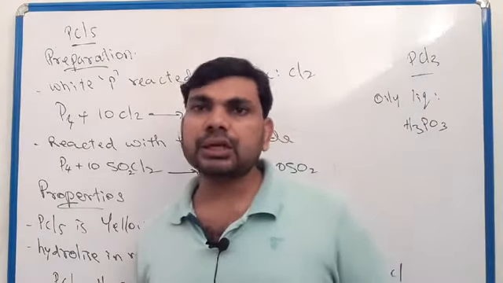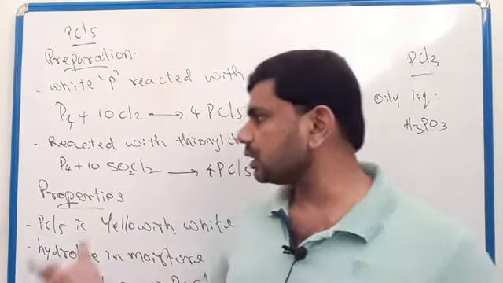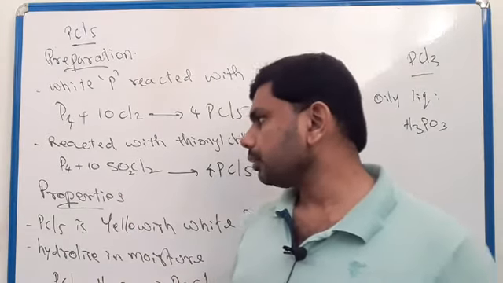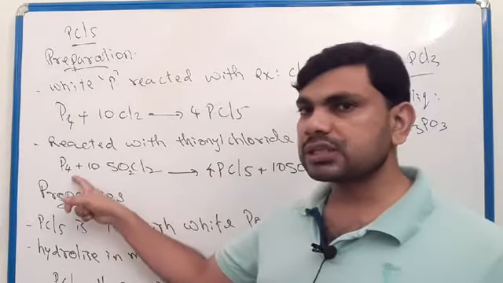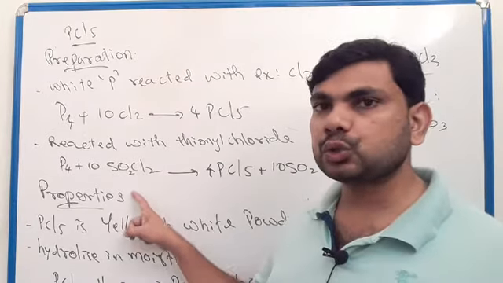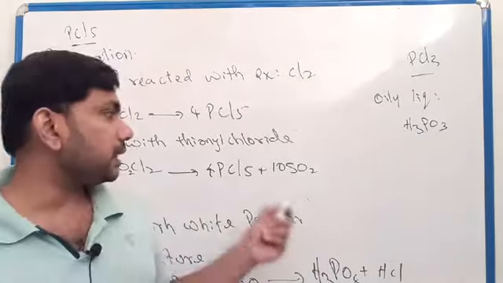Similarly, another method to prepare PCl5: white phosphorus reacts with SO2Cl2. Here white phosphorus reacted with SO2Cl2, it produces PCl5.